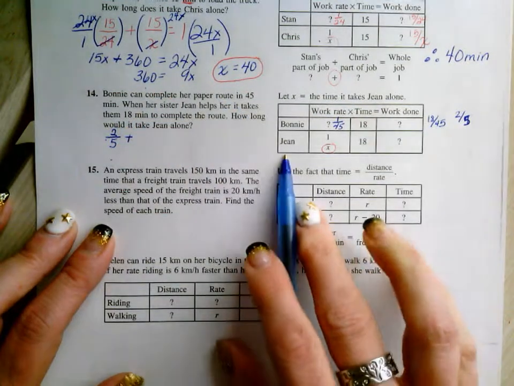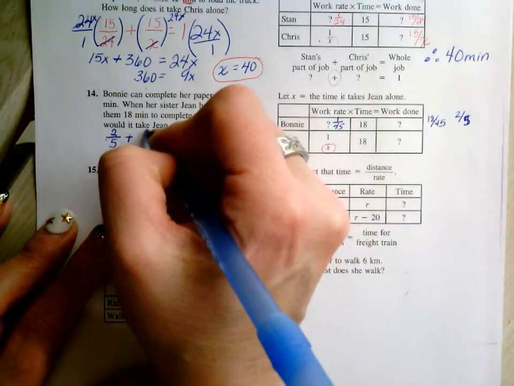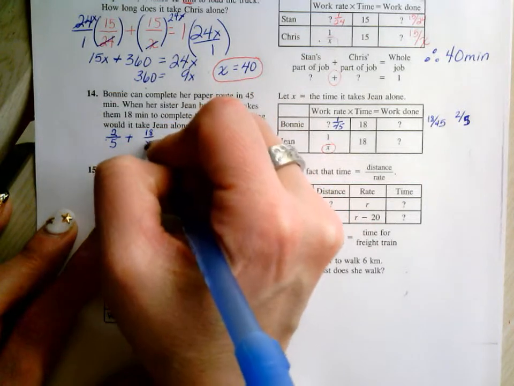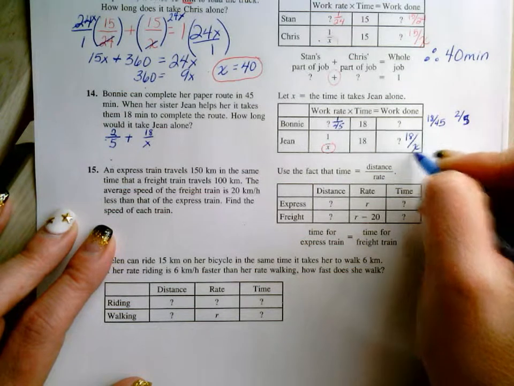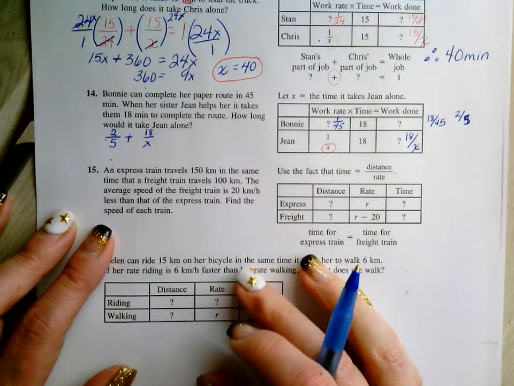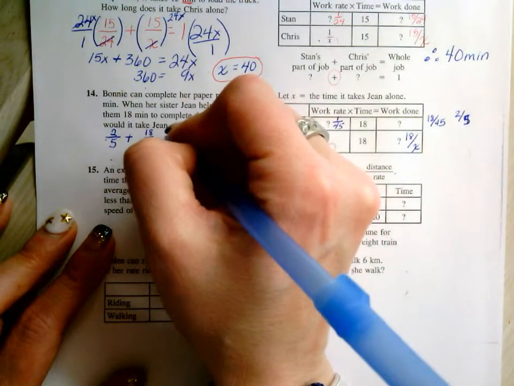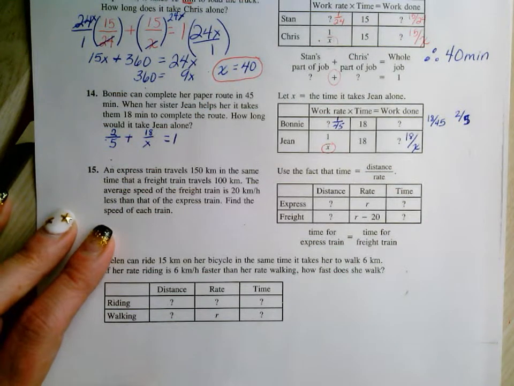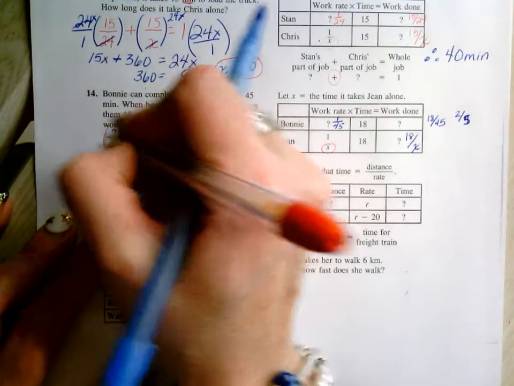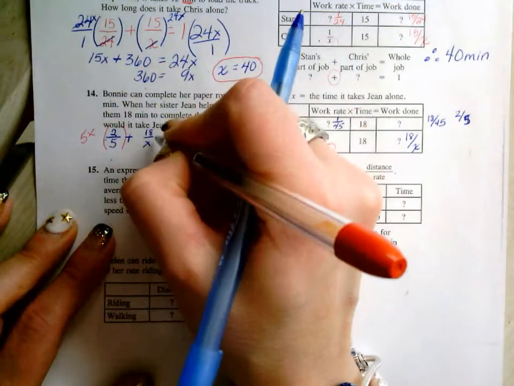Added to Jean, which is 18 over x. Why? Because the product is 18 over x. Okay? These two scenarios give us 1. Greatest common factor of everything is going to be 5x. So, 5x everything.